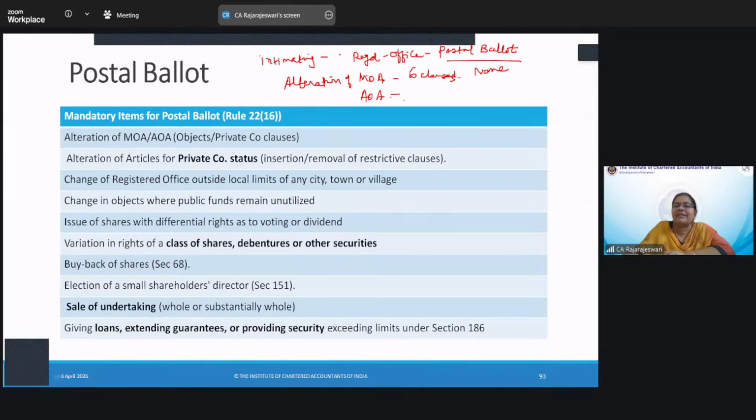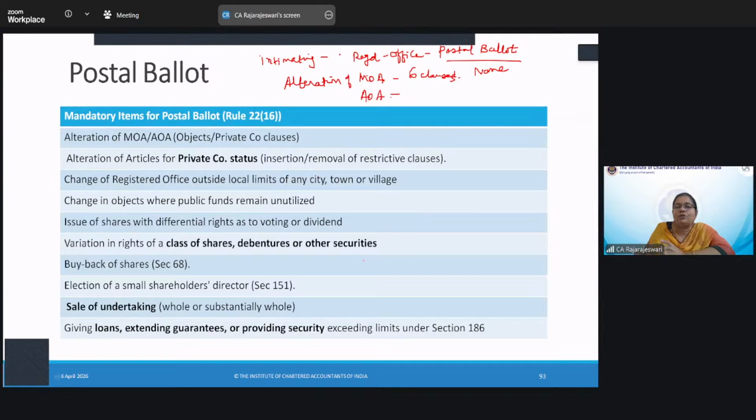So they have specified private company or object clause. Suppose I want to change my object clause. In that case, it is an alteration of memorandum or articles of association. Because the object clause gets changed, my name also gets changed. Suppose I am doing a cement business, so ABC Cements is the name of the company.